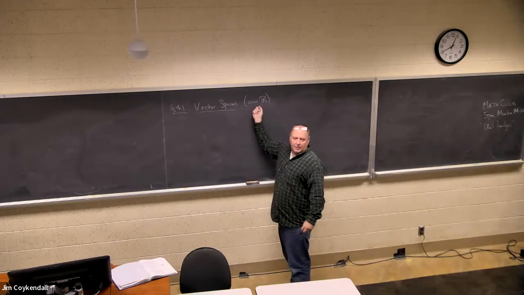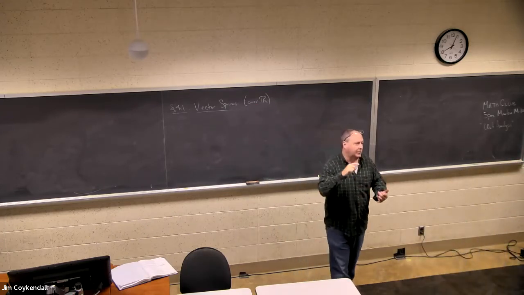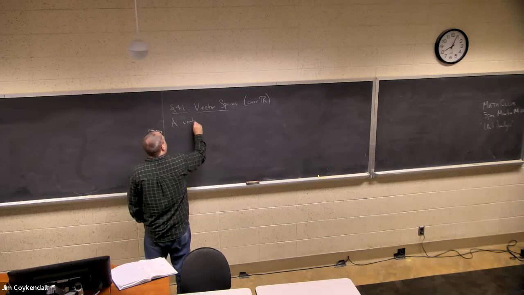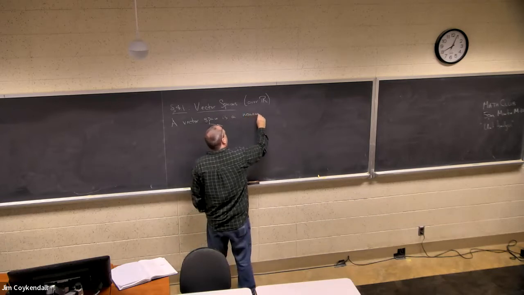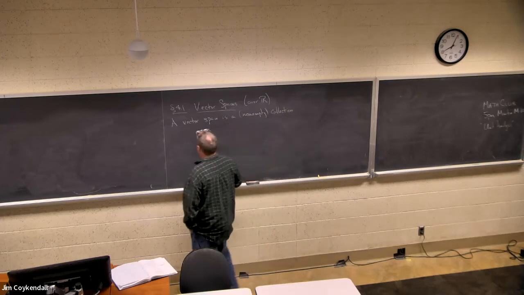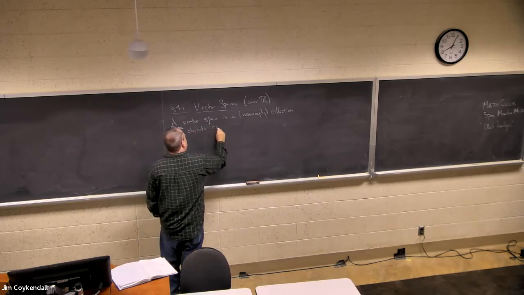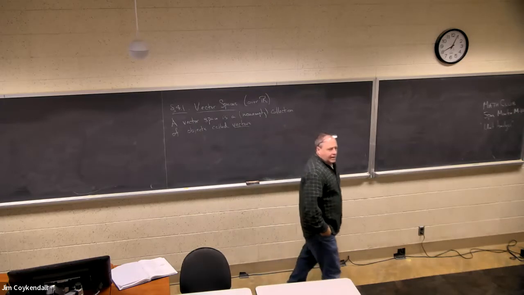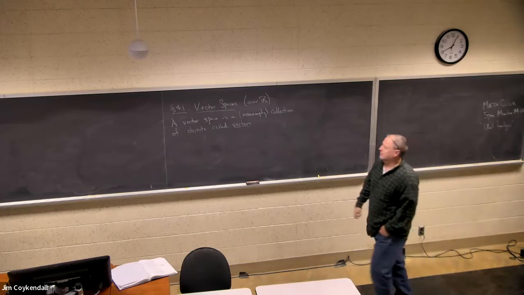My scalars will come from R, but if you want to get more general than that, scalars can come from any field, they can come from rational numbers, complex numbers, etc. A vector space is just a non-empty set.